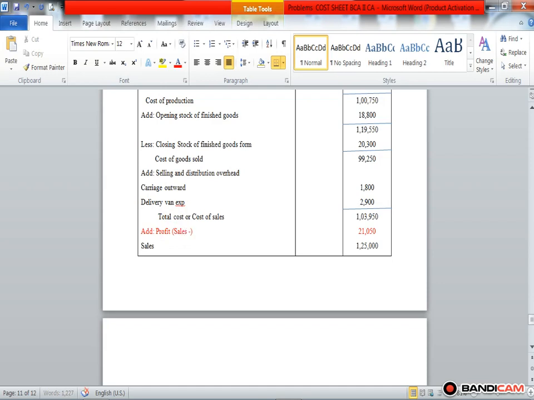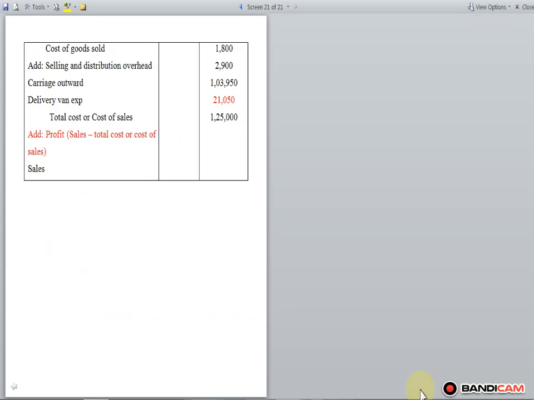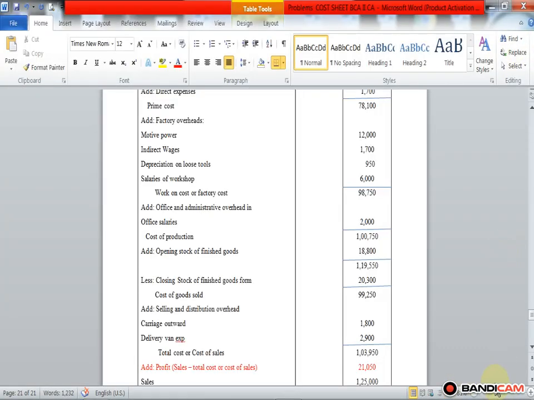Sales minus total cost, or cost of sales. We get the profit of the manufacturing concern. So we make it like this for seeing the problem properly.